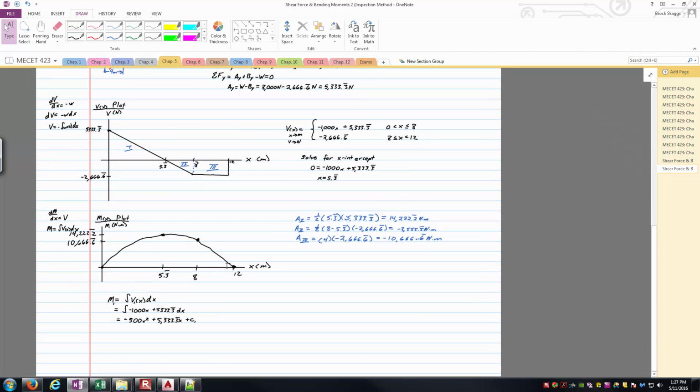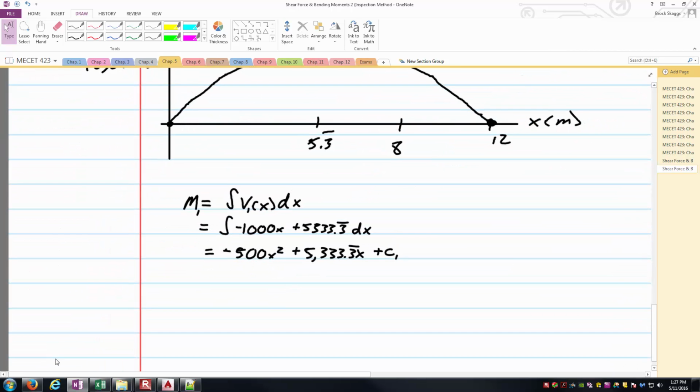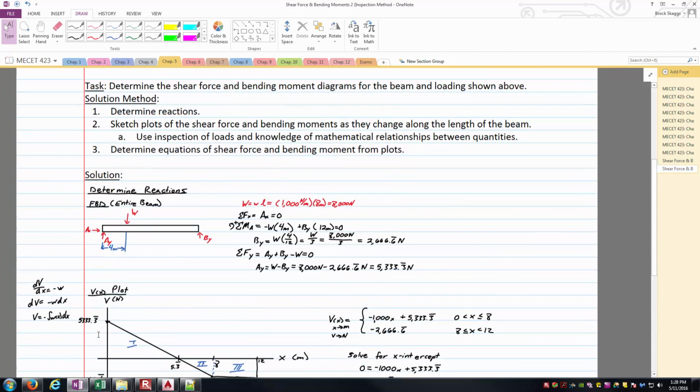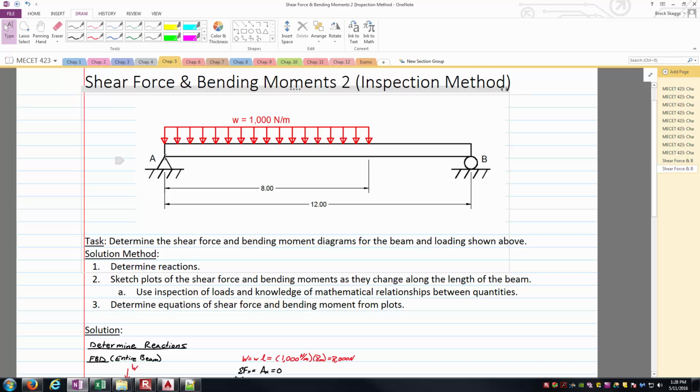So what is the c1 value? Well, here we have to know something about this m description in order to come up with that c1 value. Just know the bending moment between 0 and 8 at some point, and we're good. I usually like to look at my reactions if I can, and so one of the things I've been talking about a little bit is the fact that, hey, I've got at x equals 0, or at point A, a pin joint.